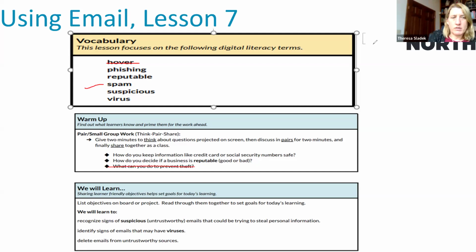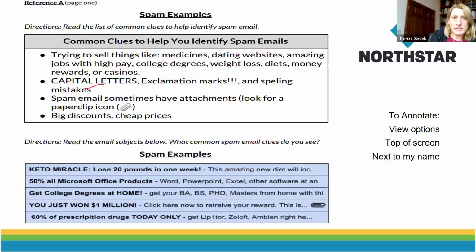Some of those clues I'm going to share with you, and we're going to practice them. If we look on the top of my screen where it says common clues, there are certain topics that spam emails are often about.